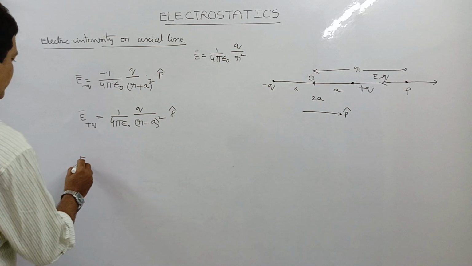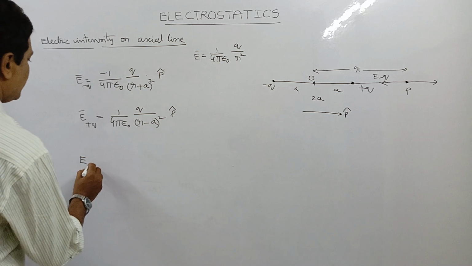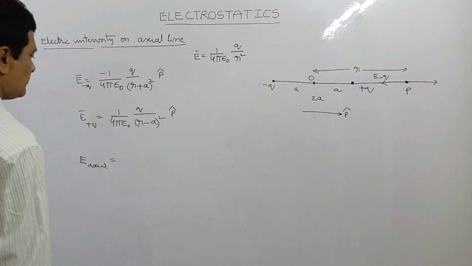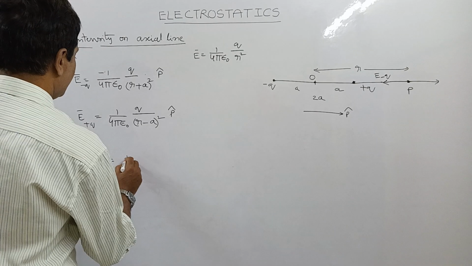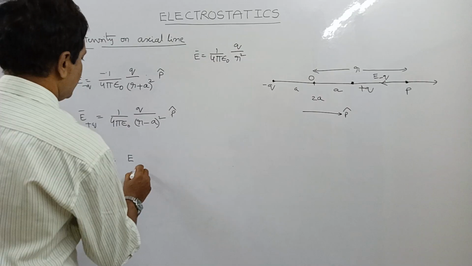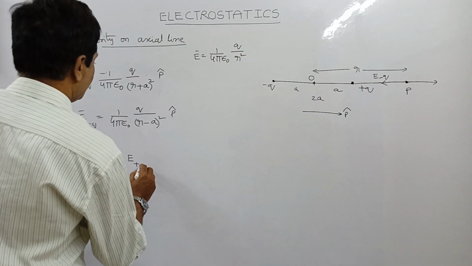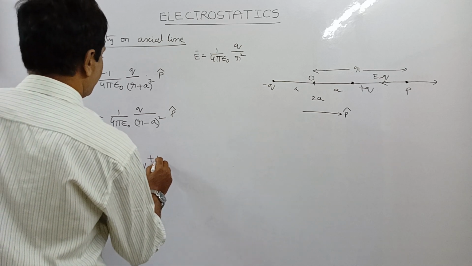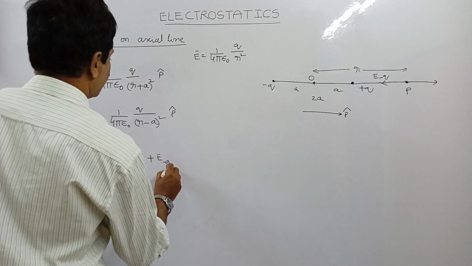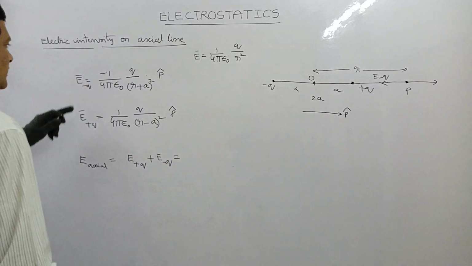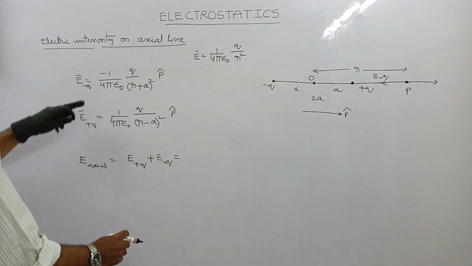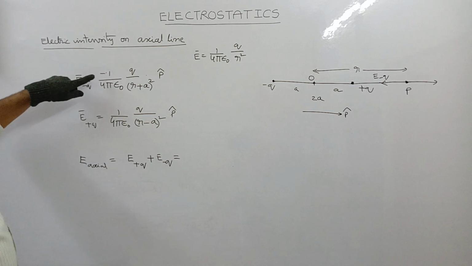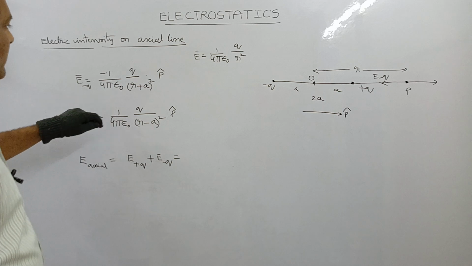Net electric intensity, that is E axial, at a point on the axial line, is equal to E plus q plus E minus q. Here for E minus q we put a minus sign.